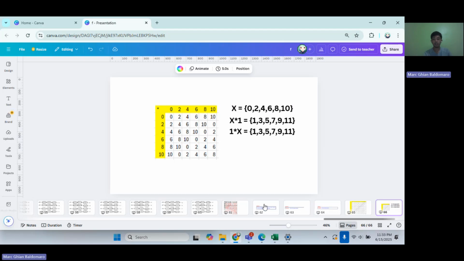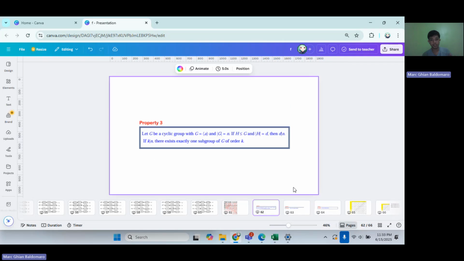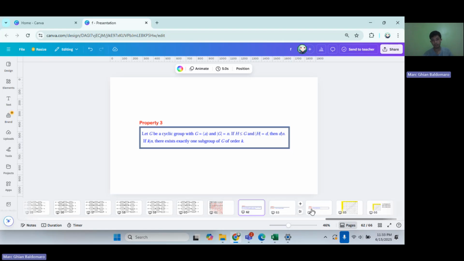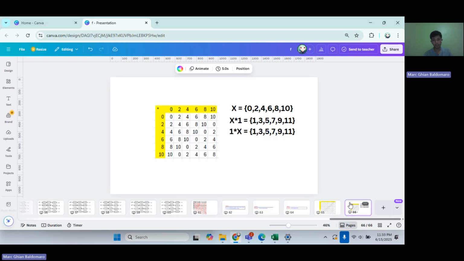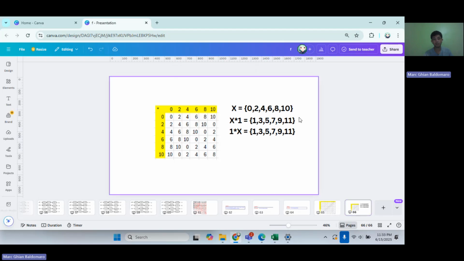Again, from property 1, since there are 6 elements in the subgroup, then 12 divided by 6 is 2. That means that 2 is the generator for the subgroup of order 6, and there is only one subgroup that has order 6 here.